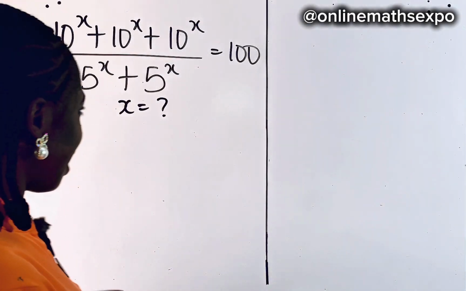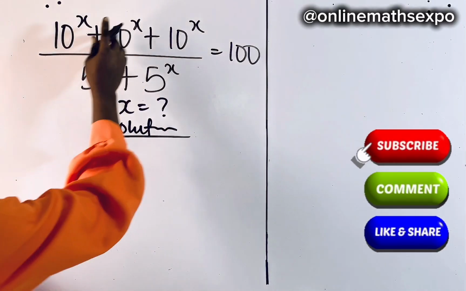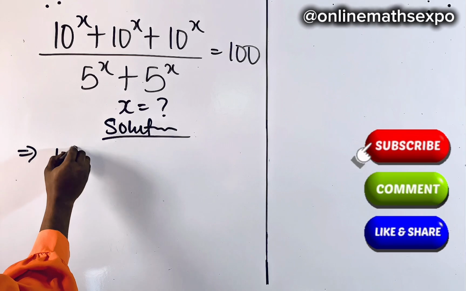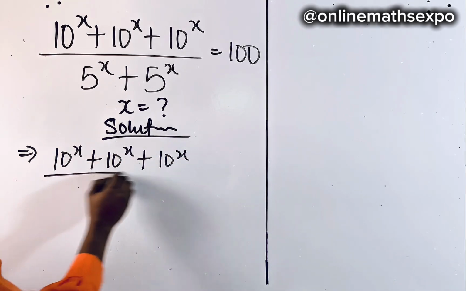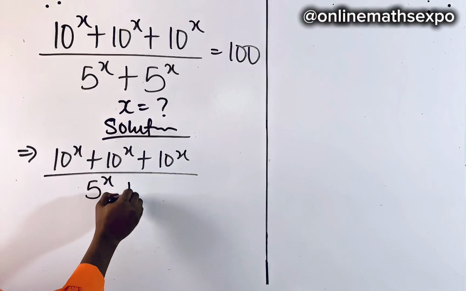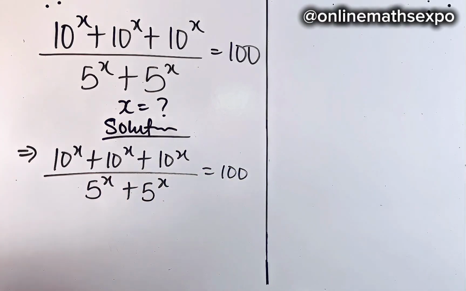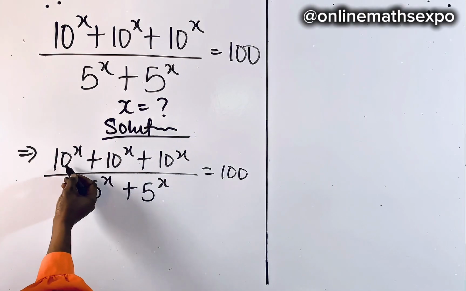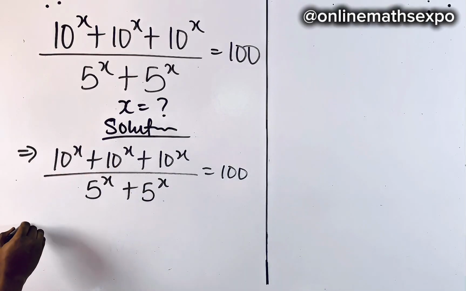Let's do that together. So we begin with our solution. This is what we have: 10 to the x power, add 10 to the x power, divided by 5 to the power of x plus this, and everything is equal to 100. You observe that these are all adding, and 10 to the x power is repeated, so quickly factor it out.